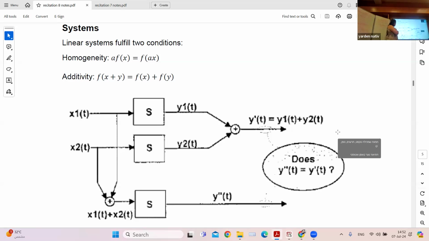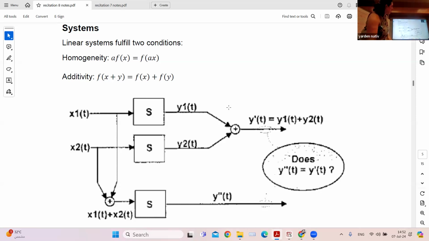And it also fulfills additivity. Additivity means that if you have two numbers summed together, then the system equals the sum of the system applied to each of them.